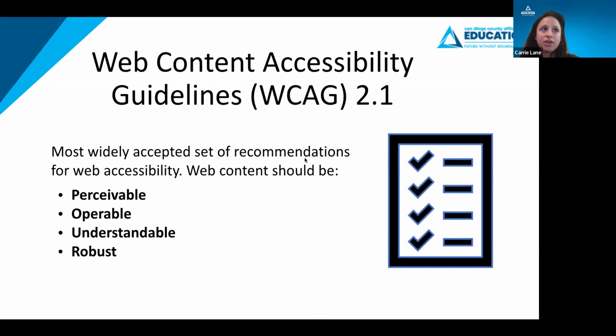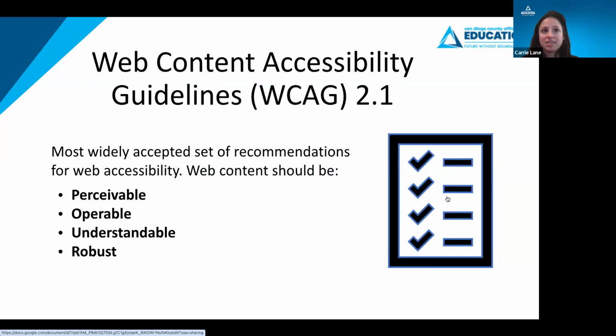I put in here a link to a number of resources about something called the Web Content Accessibility Guidelines. These were created to guide people who are designing digital content, especially web designers. They're guidelines for making sure that your content is perceivable, operable, understandable, and robust.